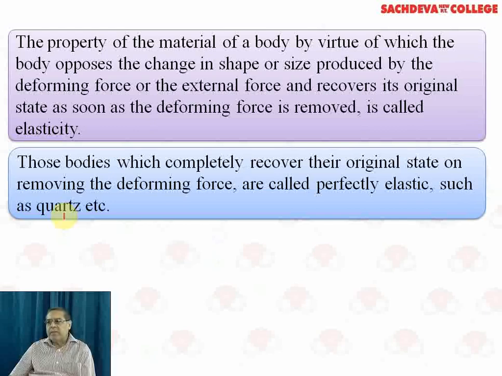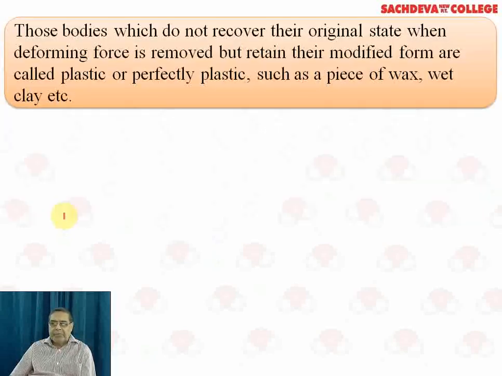It can be 99.9999%, but it cannot be exactly perfectly elastic. But since the variation is very small, we assume theoretically that we are taking a perfectly elastic body, and that will be quartz. And that's why quartz is sometimes used in the watch as a crystal for adjusting the time, which we normally observe on the dial.